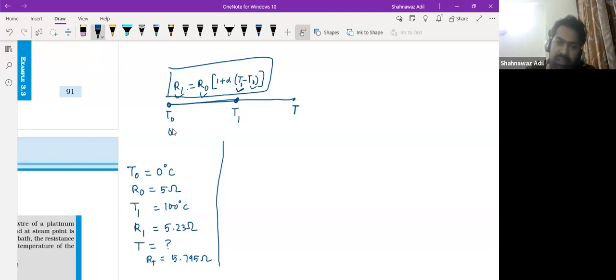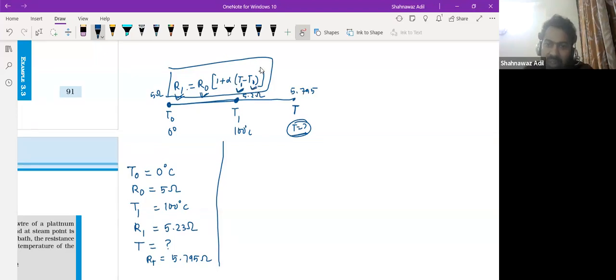This is at 0 degrees C. This is at 100 degrees C. Resistance is 5 ohm. Resistance is 5.23. Resistance is 5.795 ohm. Temperature is what we want to find out. So from these 2 points, we know this resistance, we know this resistance, we know this temperature, we know this temperature.